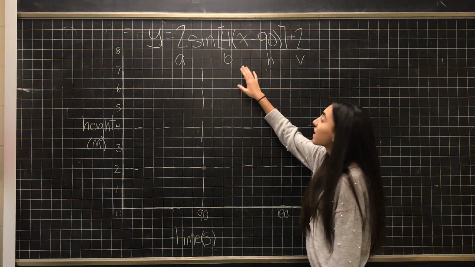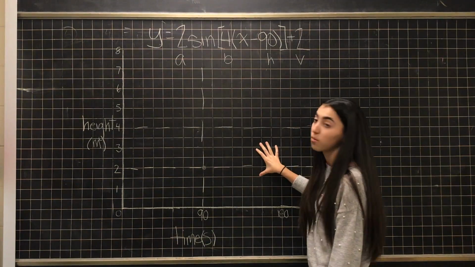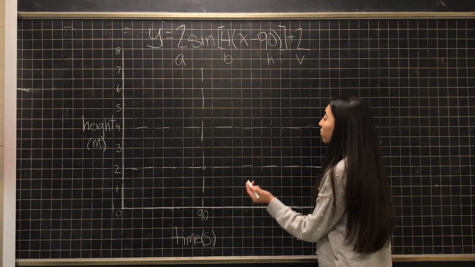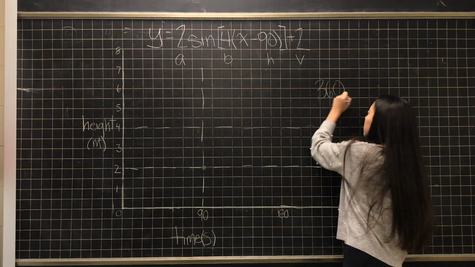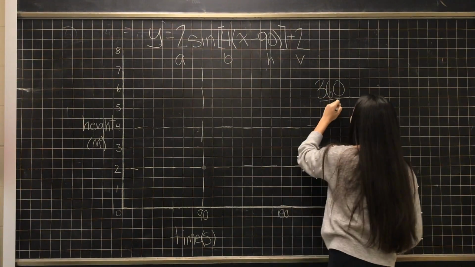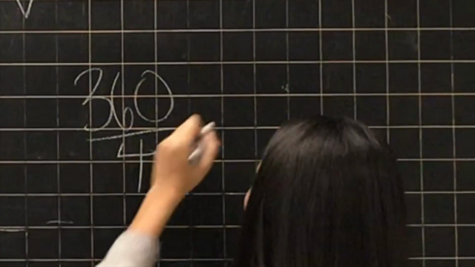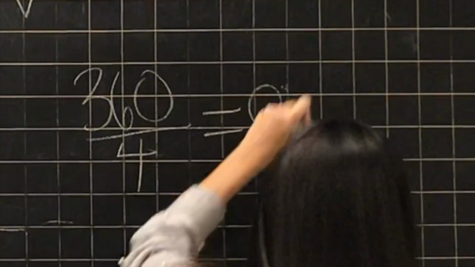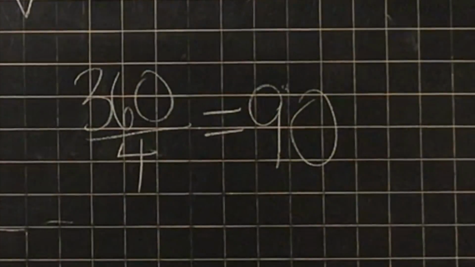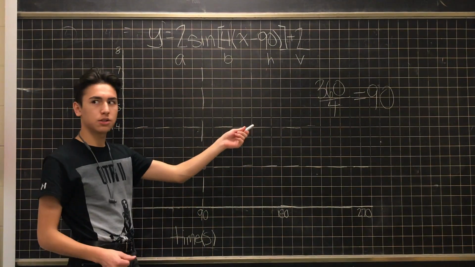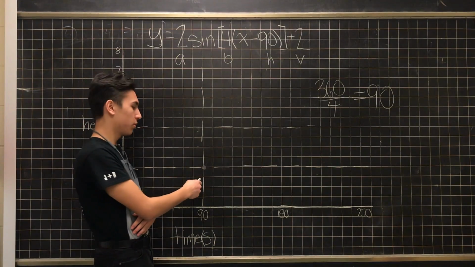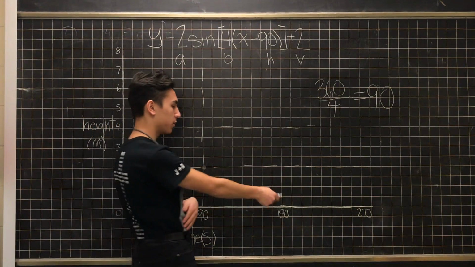So now we're going to use our b value to graph our wave. And to do that, we're going to do 360 divided by 4, which will give us 90. So since one cycle is 90 degrees, and 90 is our origin point, 90 plus 90 is 180.